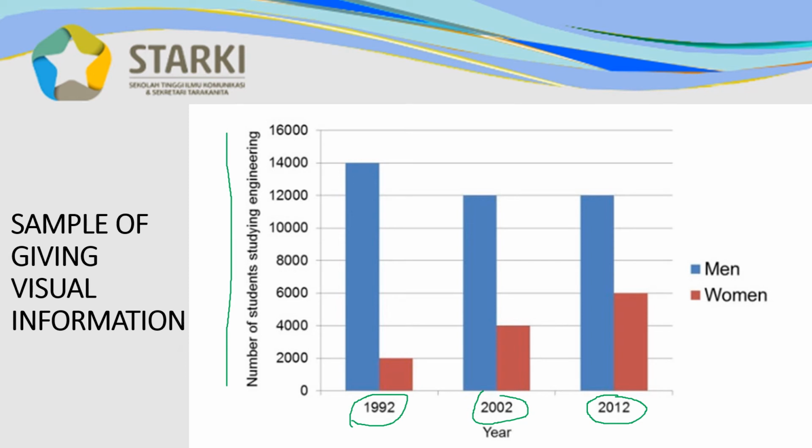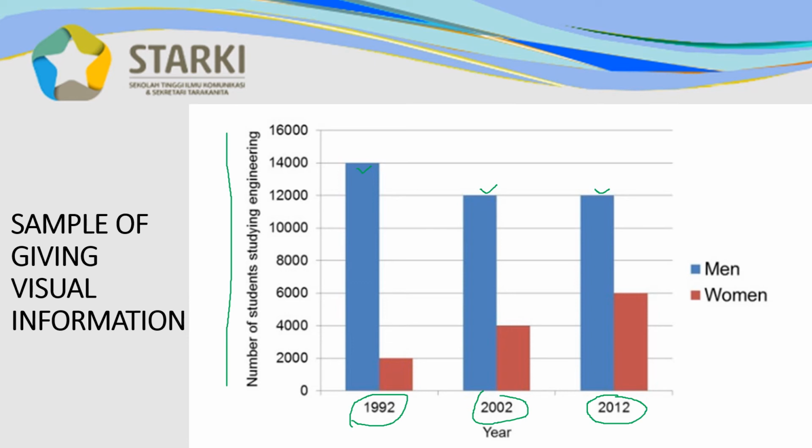The blue bar is about male students, and the red bar represents female students.